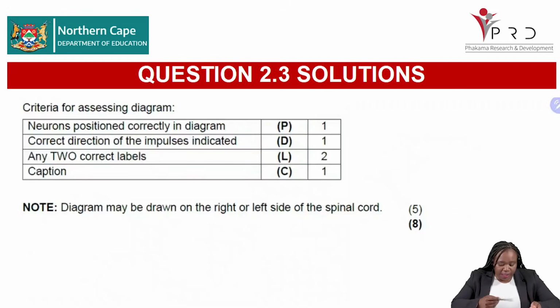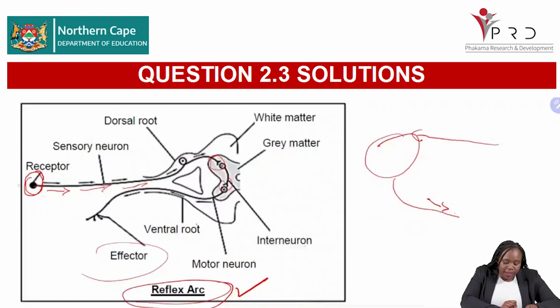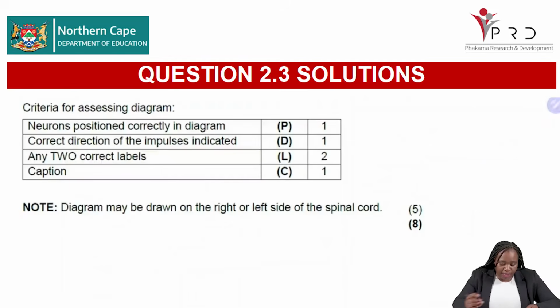Right. And then the second one, the correct direction of impulses. Do you indicate the direction of impulses? Yes, we have indicated the direction here, from the receptor to the spinal cord, and then from the spinal cord to the effector, that way. Right, and then next, any two correct labels.